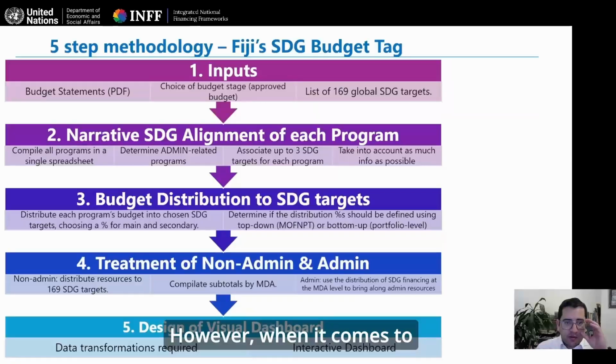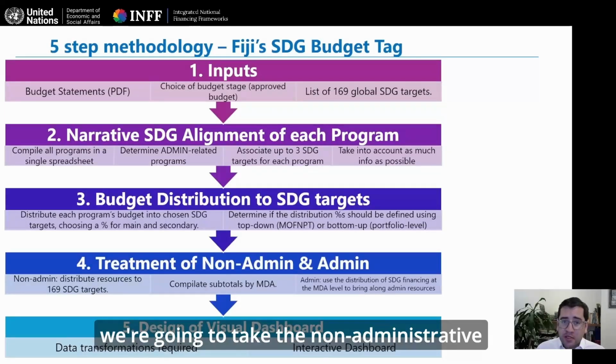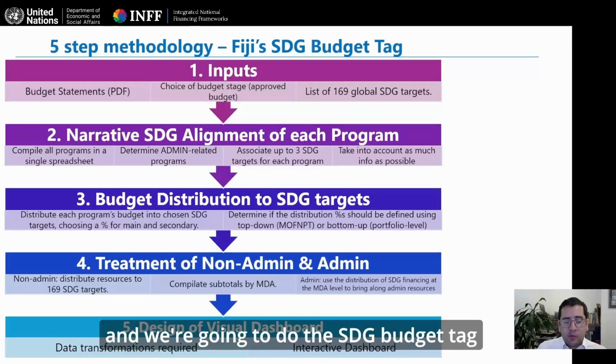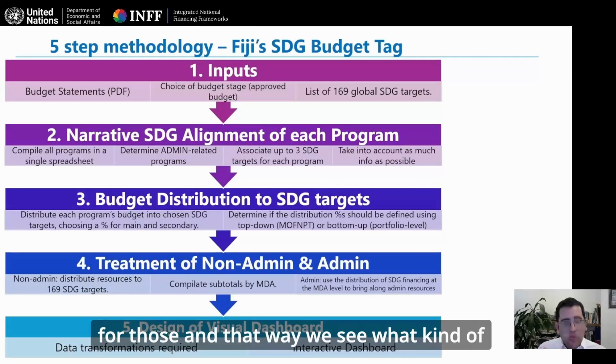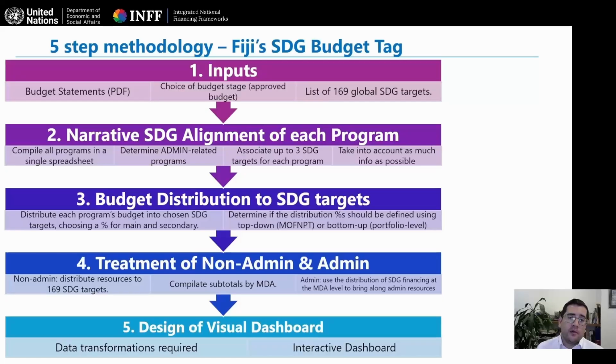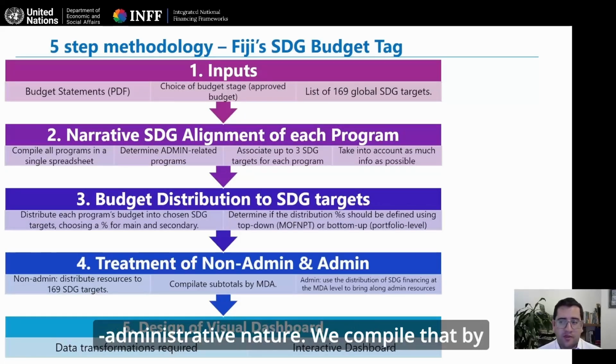However, when it comes to this particular methodology, we're going to separate them into two different procedures. Basically, what we're going to do is take the non-administrative resources that we see in the budget, and we're going to do the SDG budget tag for those, and that way we see what kind of distribution there is in terms of financing for SDGs throughout the resources that are of non-administrative nature.